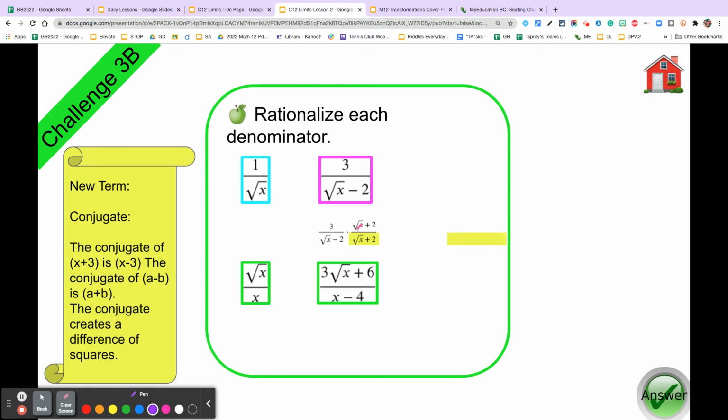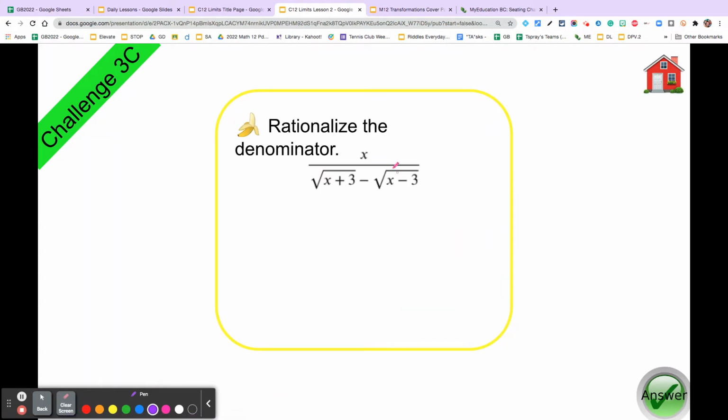If you can see, what we're going to do though is multiply top and bottom by the conjugate. And when we do this, root x times root x is x. Negative 2 times 2 is negative 4 on the top, which takes care of itself. So that has been rationalized, which means that the denominator has rational numbers in it. Okay, this one is rationalize the denominator. It's going to be really similar.